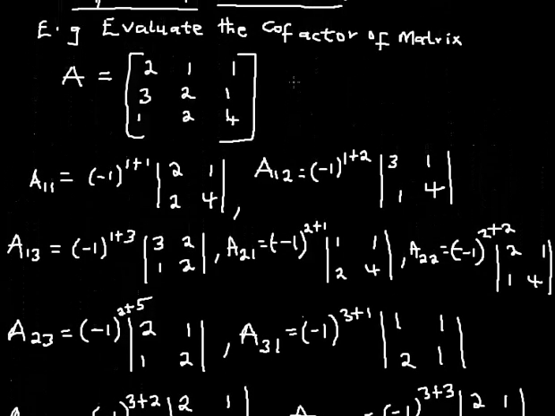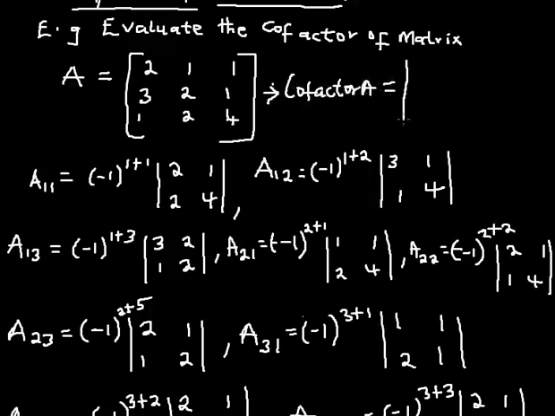So we now write their values. The cofactor of A is going to be equal to, so I want to pick their values and write them. I can actually do that in a rough.